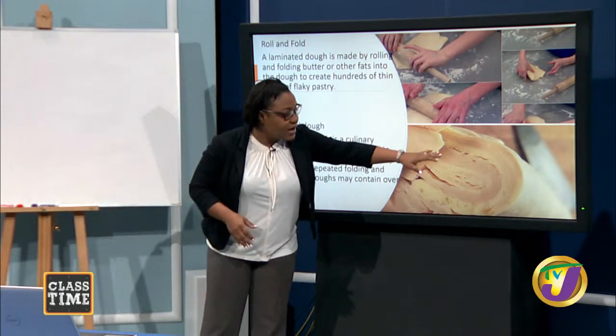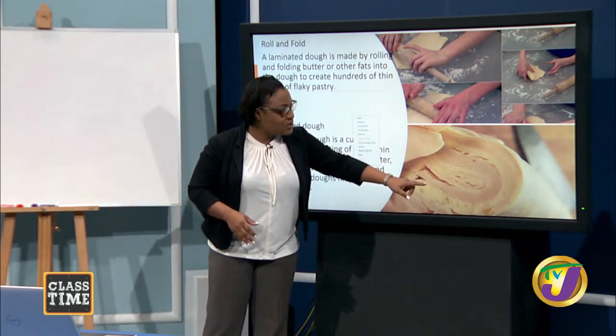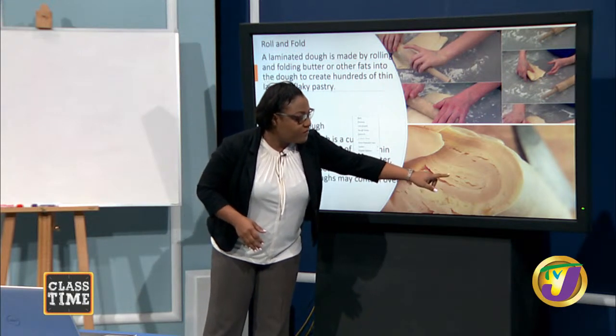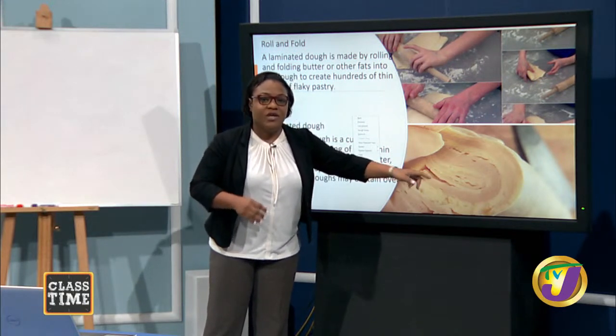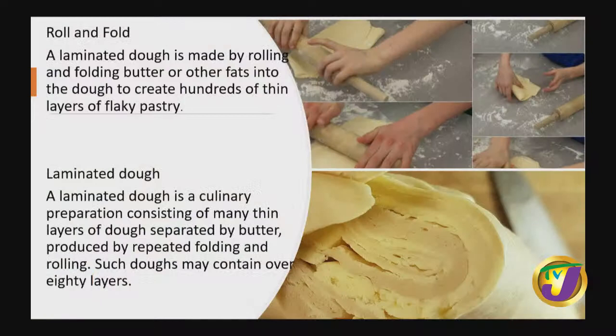And that way, in this diagram here, I hope you can see some separation with the fat and the dough itself. So that's when you're eating, if you know croissants, or if you know patties, that's where you get these different layers and flakes in between, because that fat acts as a separation to make it rise nicely, puff, light, and flaky.